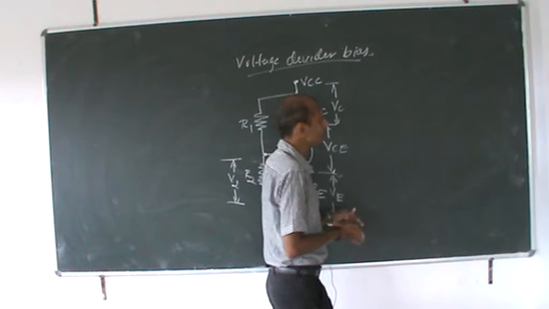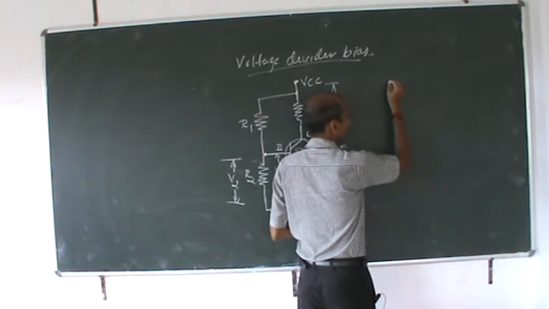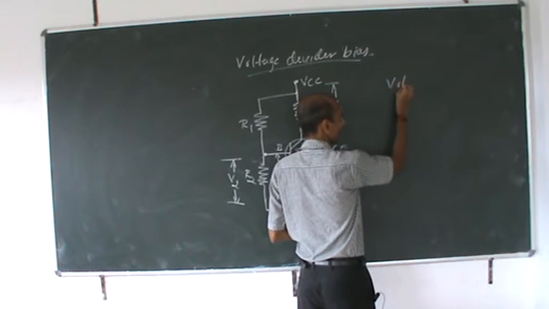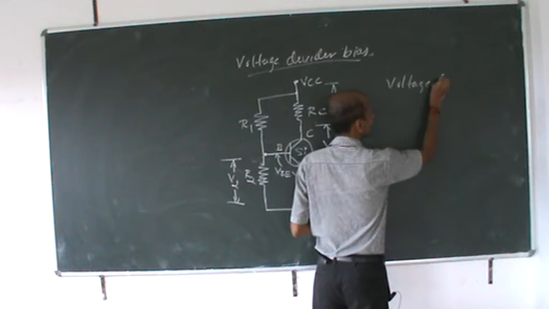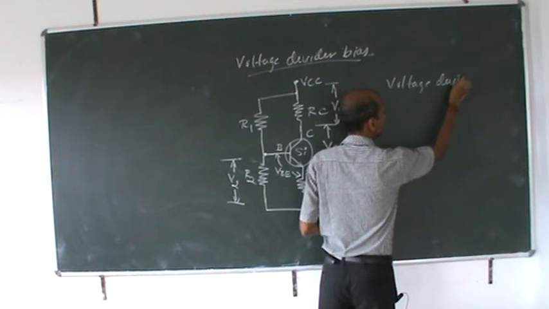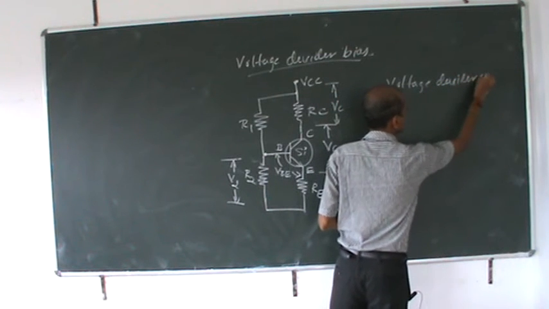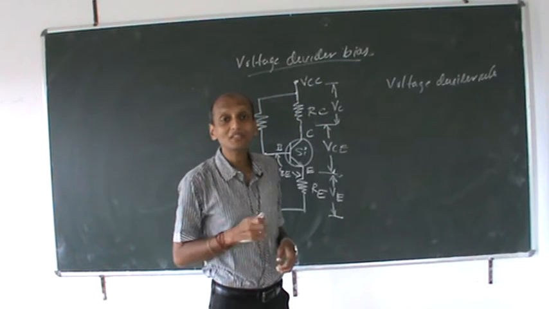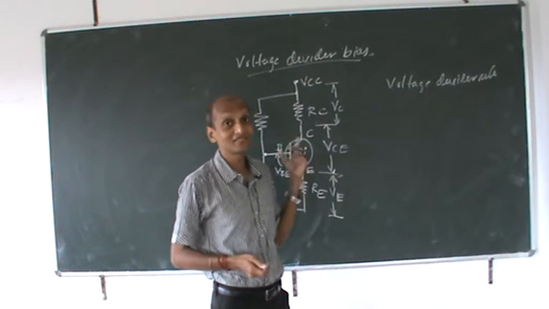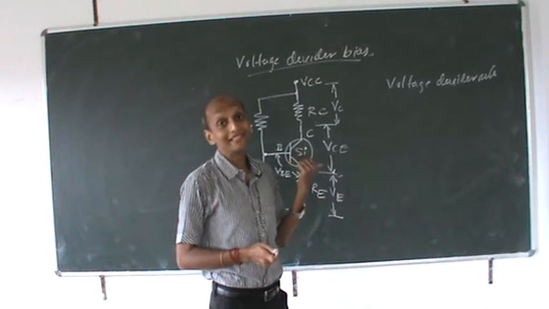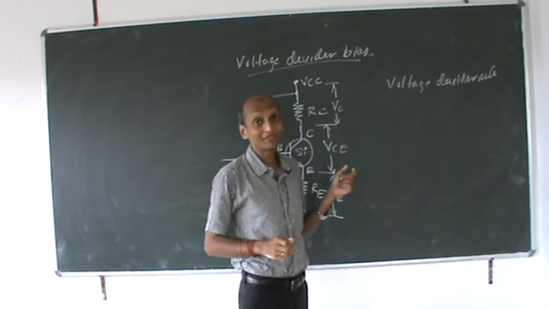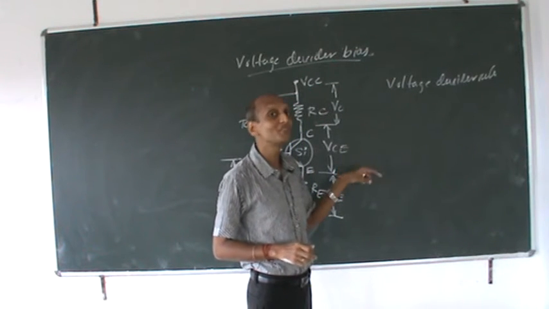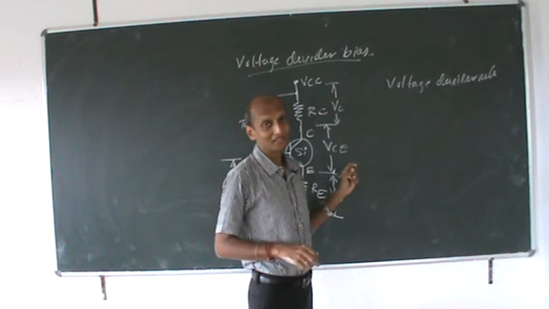Coming to the voltage divider rule. What is that voltage divider rule? We have discussed this in our previous year, about how the voltage will be divided across the resistances in a circuit.